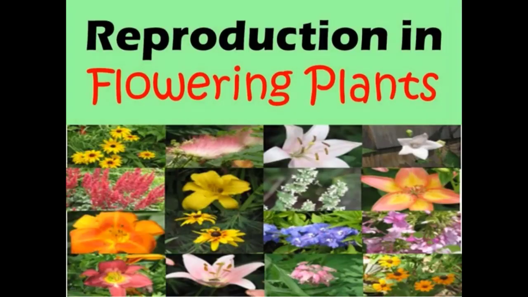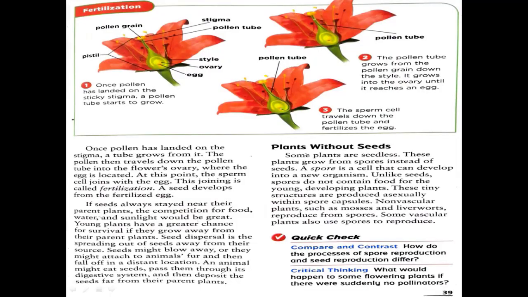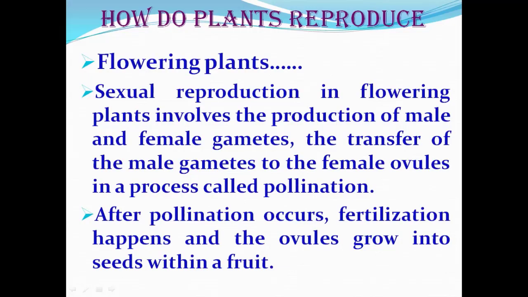So let's see how plants reproduce. Here are the ways by which they get reproduced. Let's see what flowering plants are. Sexual reproduction in flowering plants involves the male and female gametes, that is, the transfer of male gametes to the female ovules in a process called pollination.